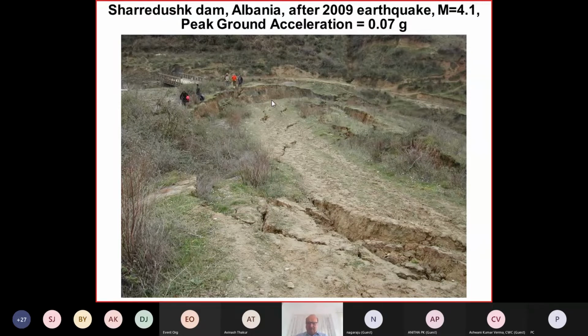So they built dams, and they built them, I must say, not all in good quality. But we see here a small earthquake occurred, magnitude 4.1, and as you can see here, it is basically a failure. Flow.